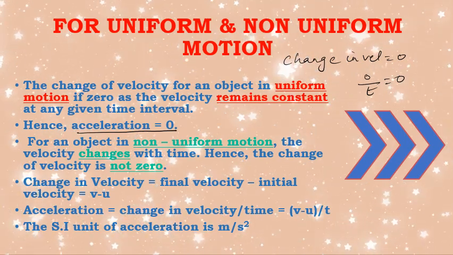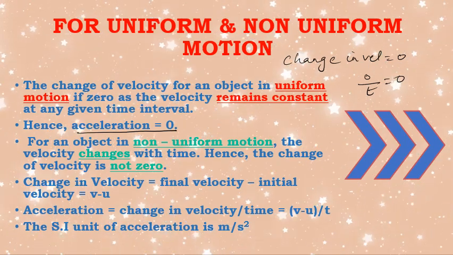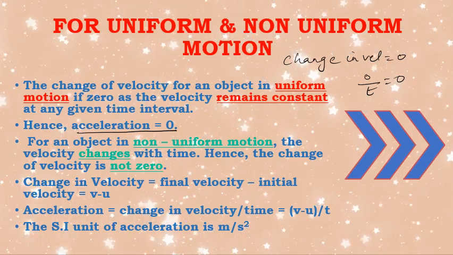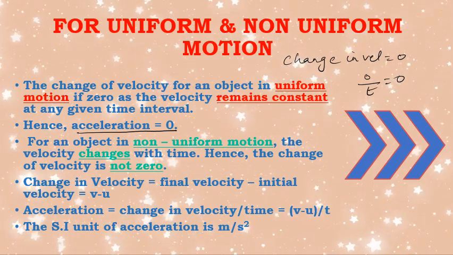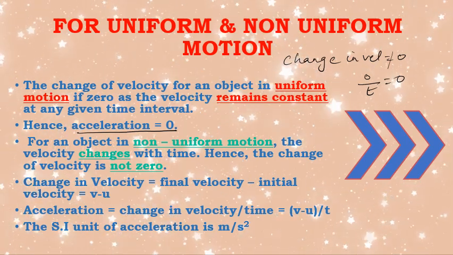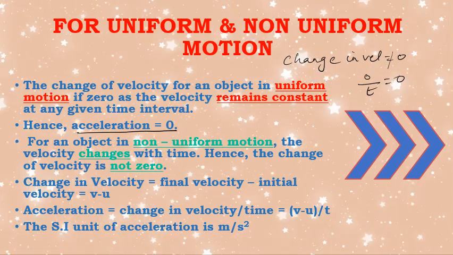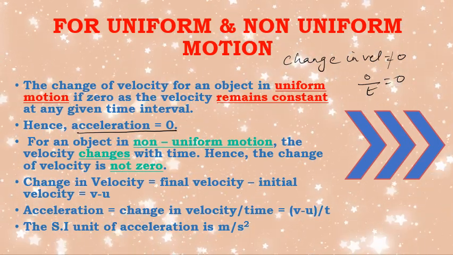If there is uniform motion, the acceleration is not at all there, because it is going to move with the same speed. Non-uniform motion means the velocity is going to continuously change with respect to time. So the change in velocity will not be 0; it will be final velocity minus initial velocity.